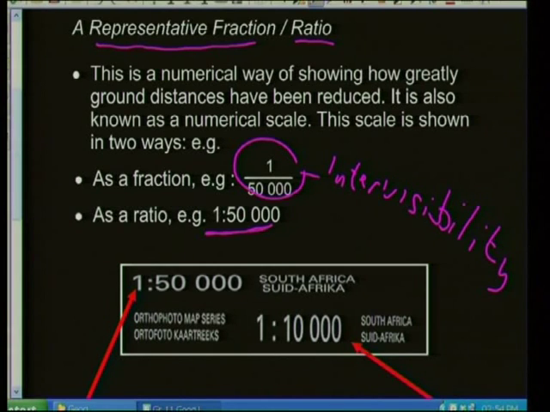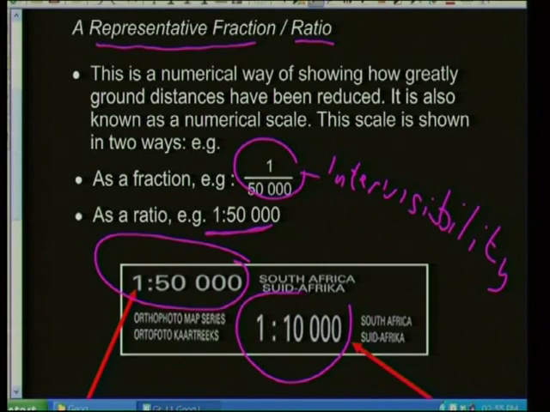Just giving you an example down here, guys. On the topographic map, you see 1:50,000, and you will get 1:50,000 maps. In exams for map work, you will always get a 1:50,000 map. And orthophoto is generally 1:10,000. Quick thing here.